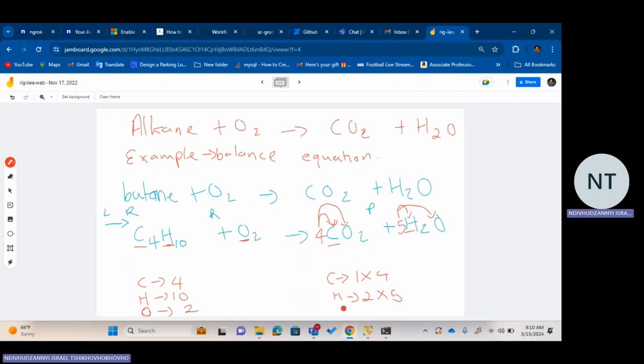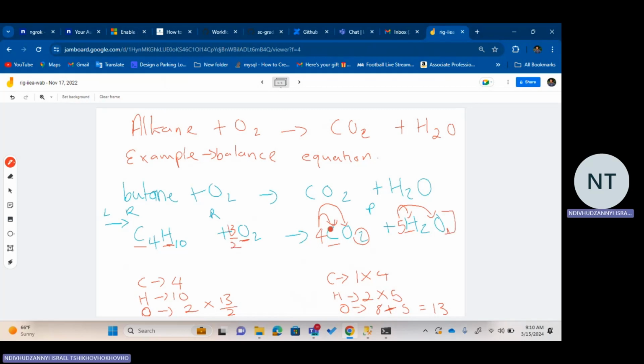On your product, you have 4 times 2, which is 8, plus 5 times 1, which is 5. So in total, you have 13. So for us to balance the number of oxygen on your reactant and product, you'd have to multiply by 13 over 2, which is half of 13.